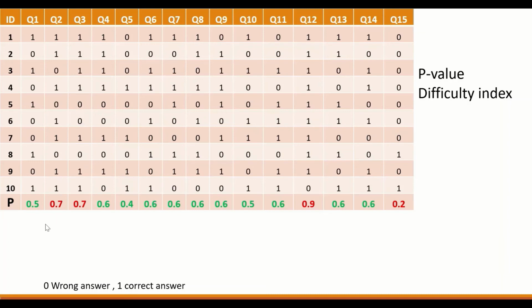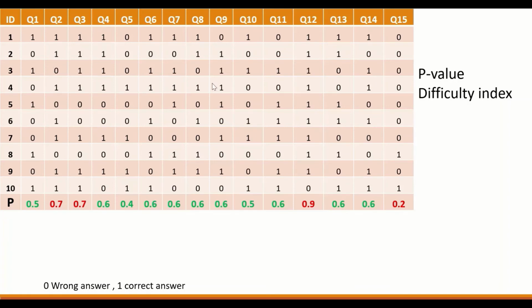For question number 1, the p-value is 0.5, so it is an ideal question within the range for moderately difficult questions. Questions number 2 and 3 both have a higher p-value of 0.7, so that indicates that these are easy questions and need to be modified or readjusted.